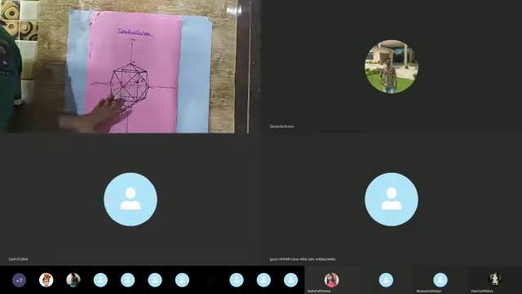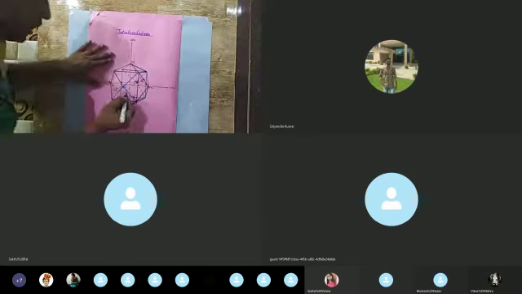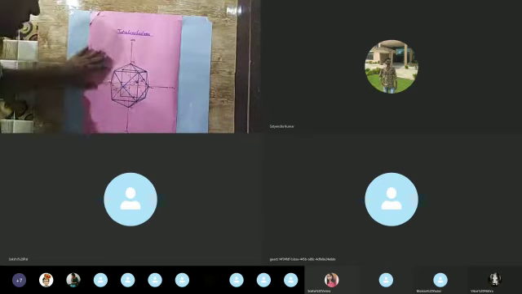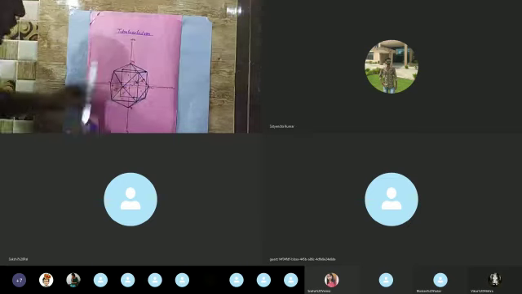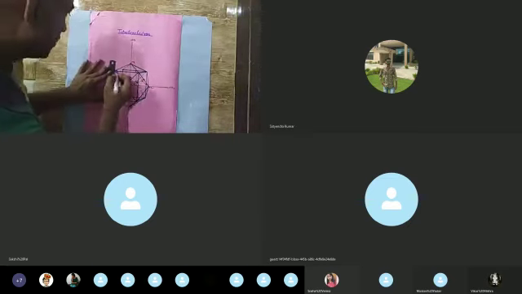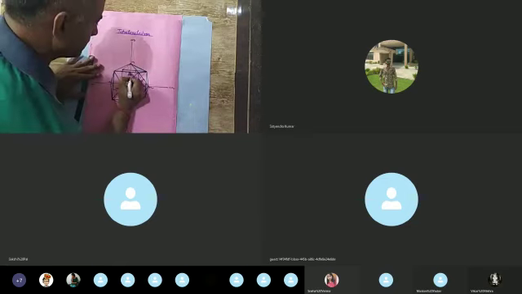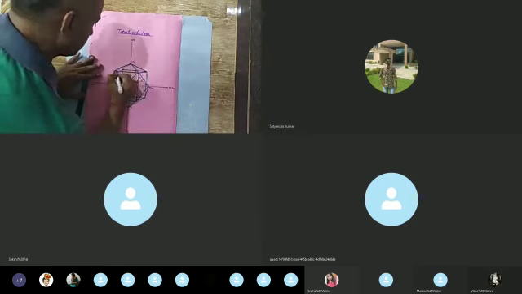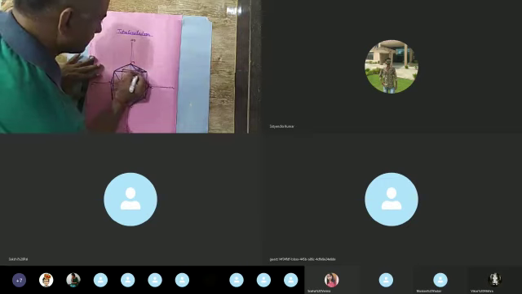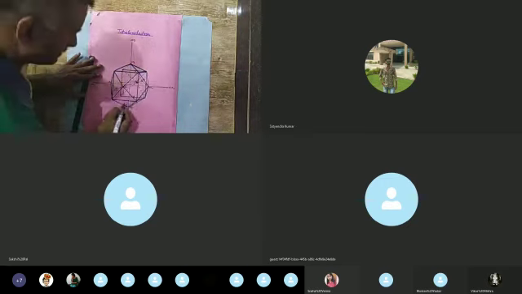Finally, we will darken all the outer sides and faces. So this is all about the construction of the tetrahexahedron. We will darken this point, this one, this one, this one, like this.